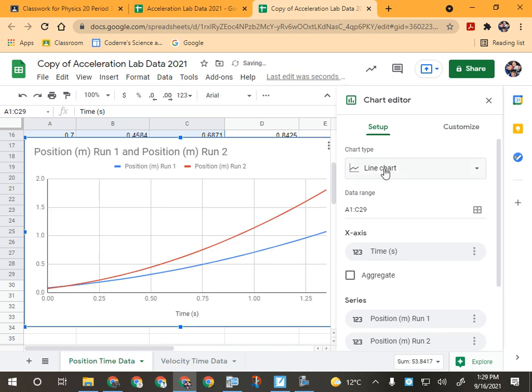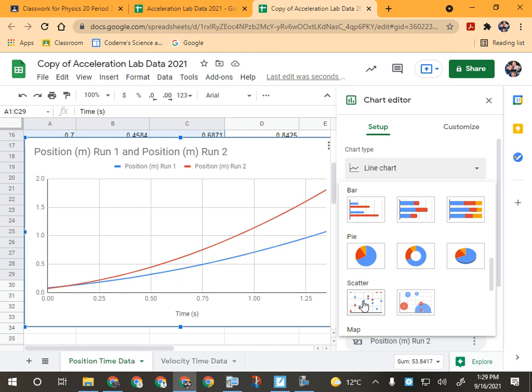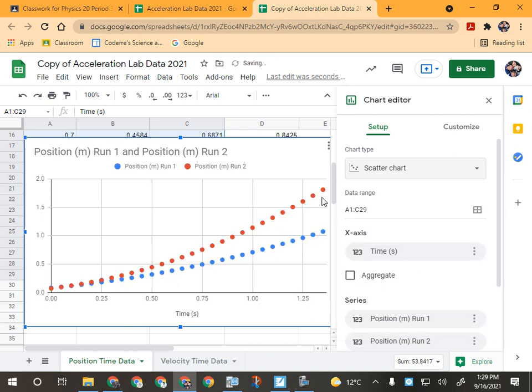And I don't want a line chart, I want a scatter plot. So you may have to do this and go down to scatter. Perfect, that data is perfect. I wonder who collected that. Got nice curves for my position versus time graph, no question.